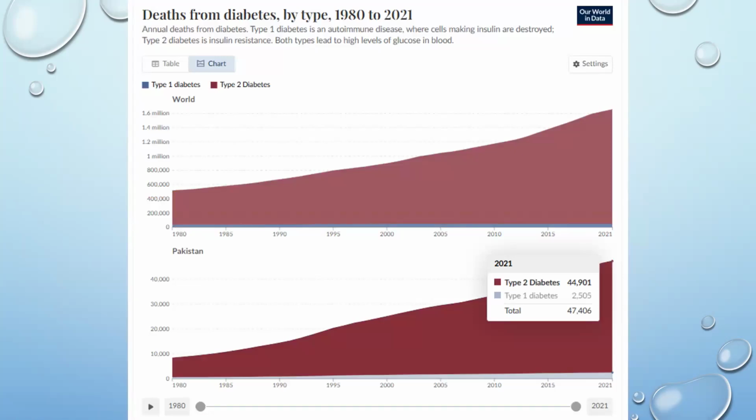This graph is showing the trends of diabetes and death from diabetes by type 2 and type 1, and we can see that the upper part of the graph is showing the trends in the world.